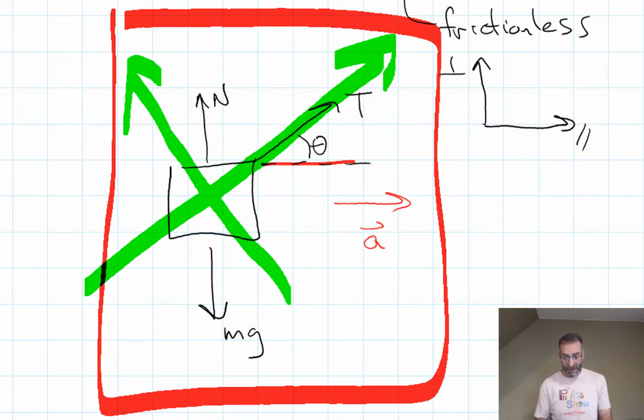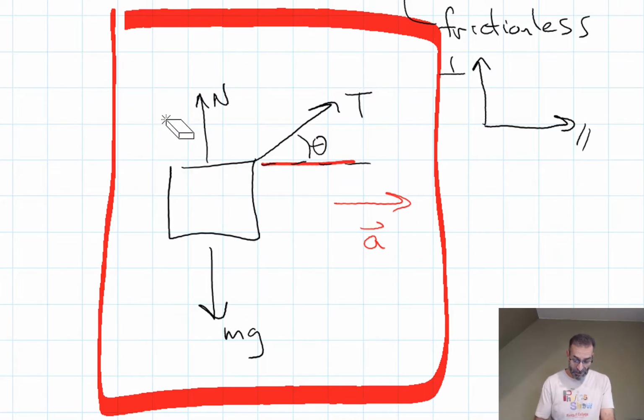And then I could have broken up the normal force and the weight into components to fit it into that coordinate system. Well, if you did that, both directions would have acceleration. And so you'd have two equations, neither one would be equal to 0. It would be much more difficult to solve that problem.